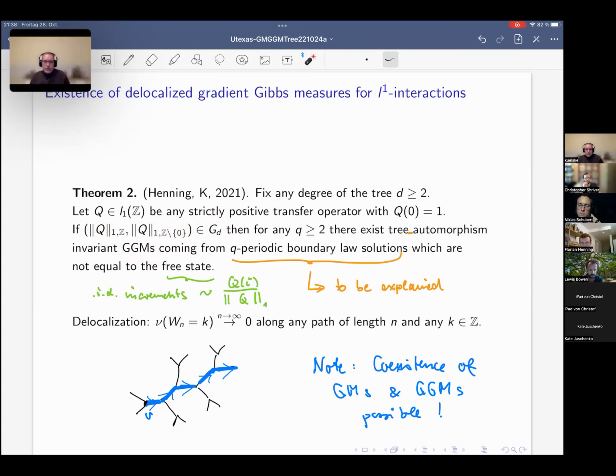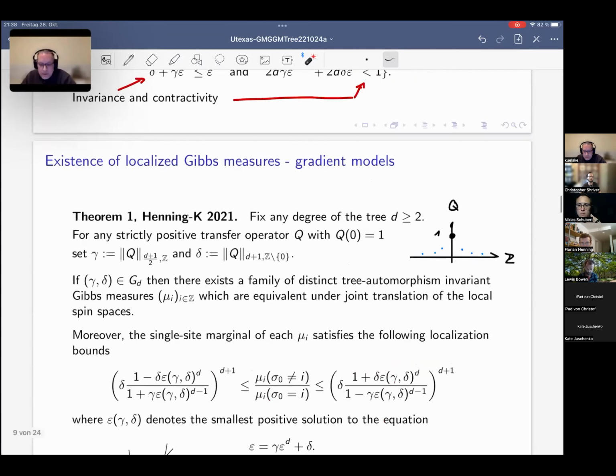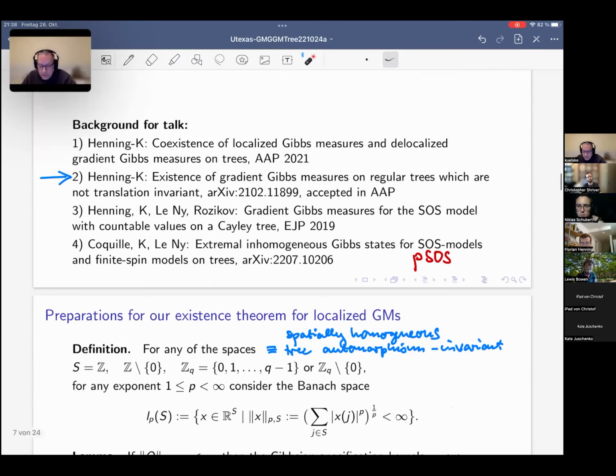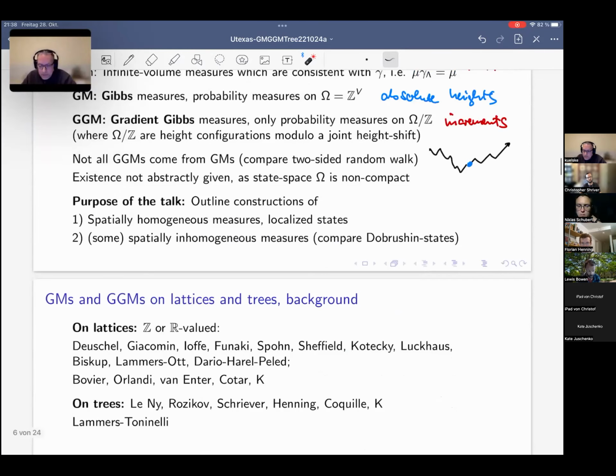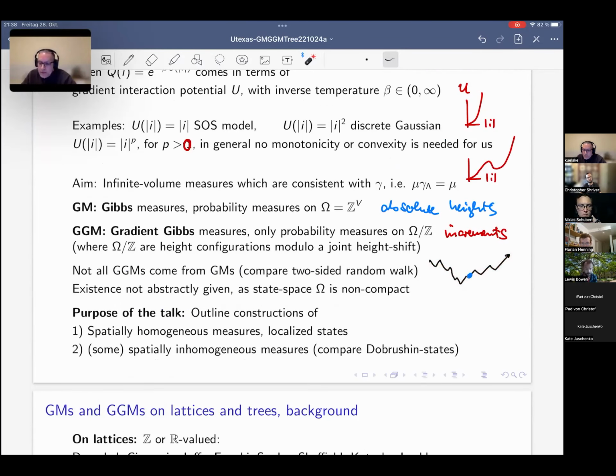I recall to you, gradient Gibbs measures which do not come from a localized Gibbs measure look morally like this one, but everywhere on the tree. So if you look at the sum of increments, they have a tendency to grow.